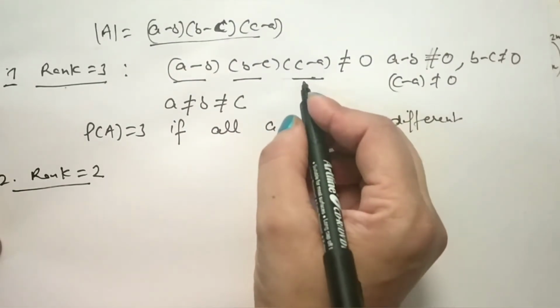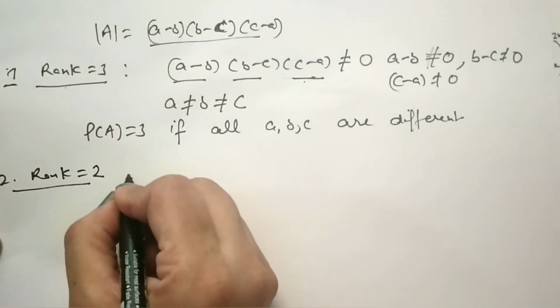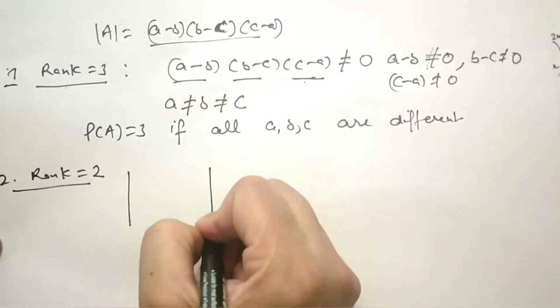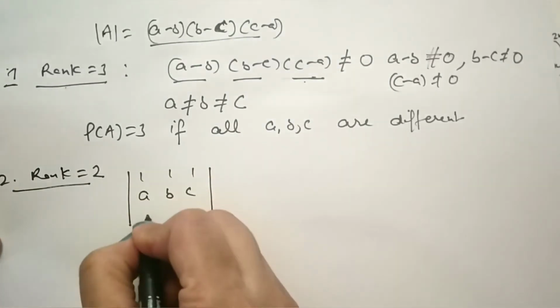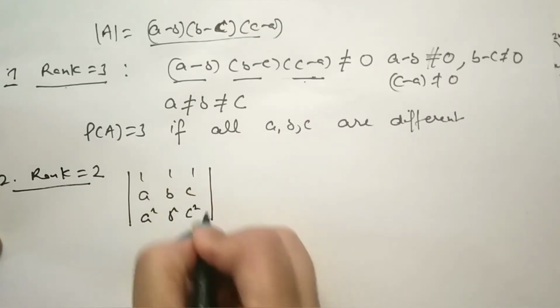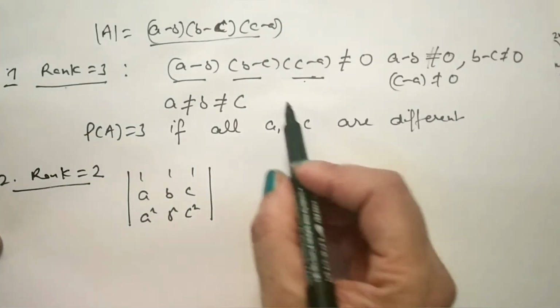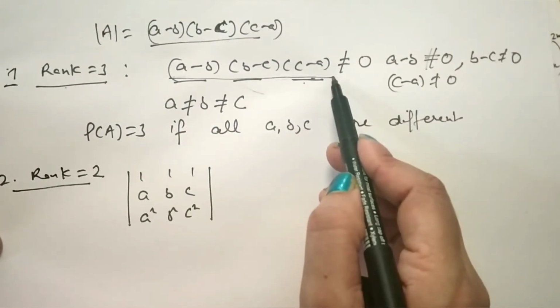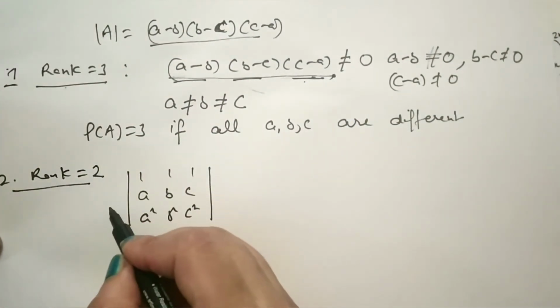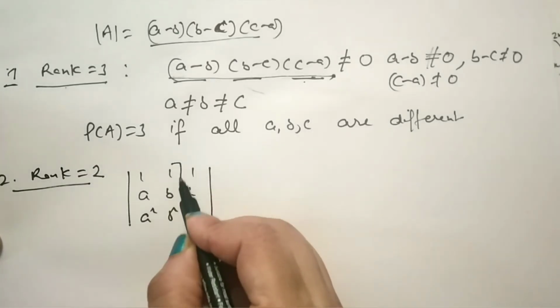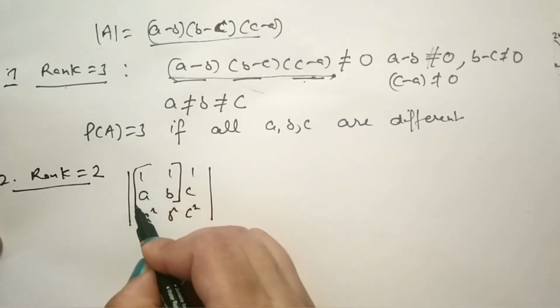And if this is 0, then we have to check for the minor of order 2. So I am going to write the given determinant again. If the determinant of order 3 is 0, then we have to look for the minor of order 2. Like we have taken this one, we can take this.